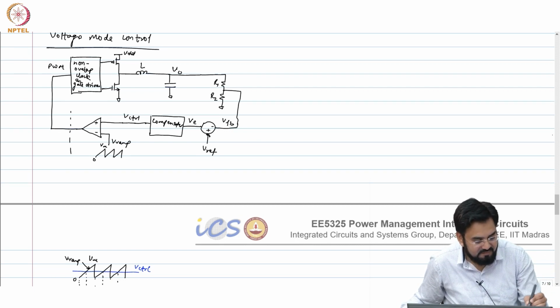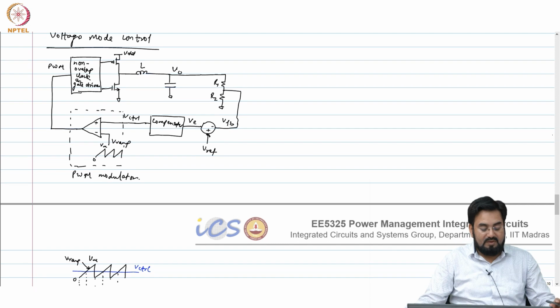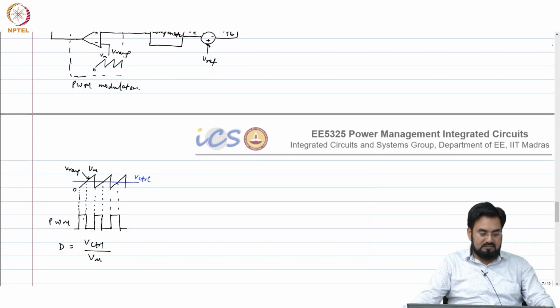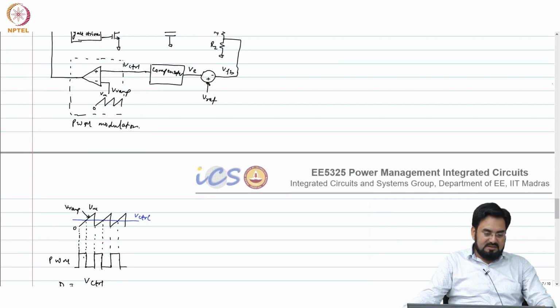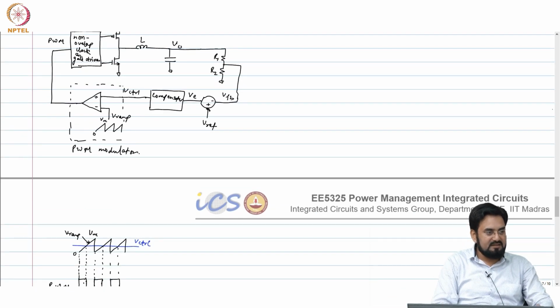So this is called the PWM modulator, which means your duty cycle is controlled by the voltage here, which is the control voltage, VCTRL.